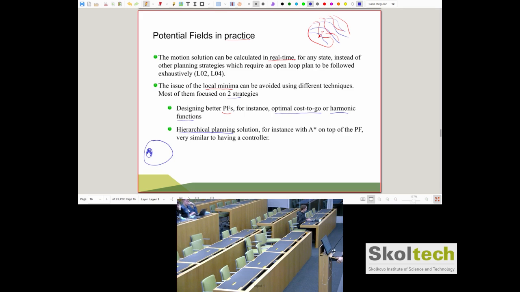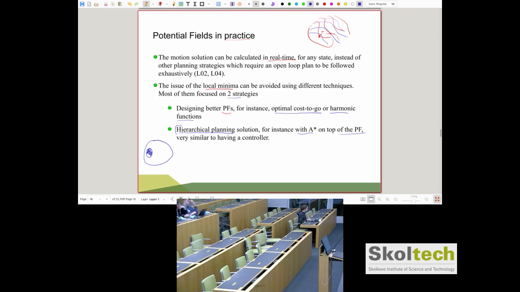So in your case here, we could be separating over this low-level plan that is giving us continuous spaces, and this is great. But if you want to look kind of in the future in a coarse way, why don't you just take A star with a very coarse discretization, solve it, and on top of this, you are just running potential field. Okay, so why not? This is just a strategy, but the idea is hierarchical planning, right?